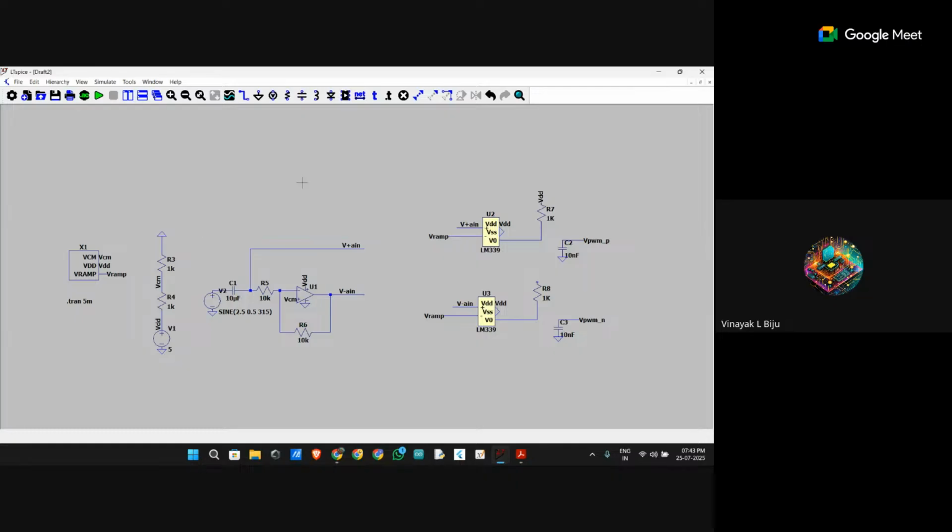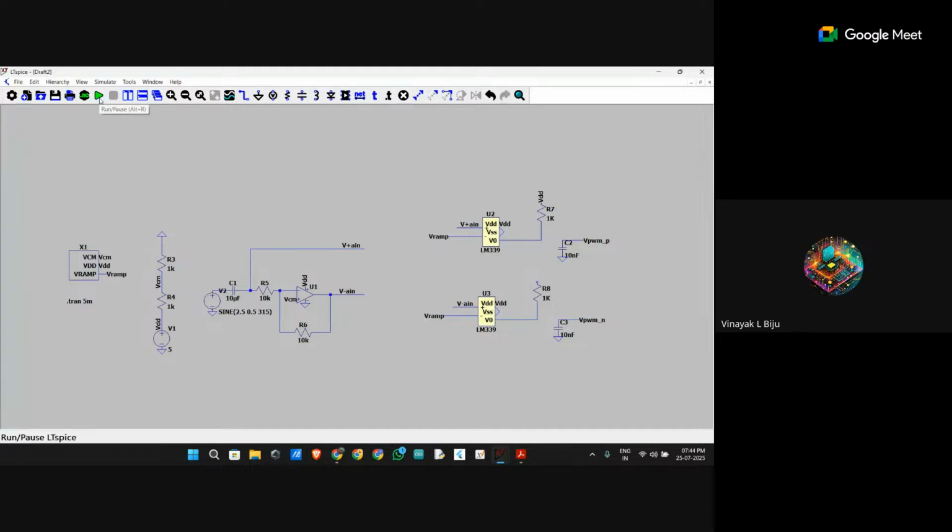Sir, but in the first comparator, if I put the input of V plus in and V minus in, it is working with the pull-up resistor and with the RC circuit also.